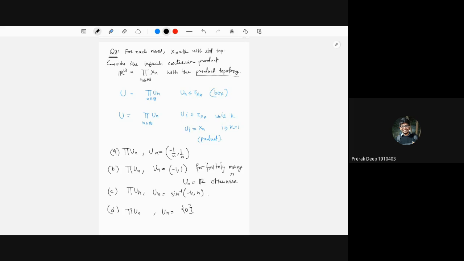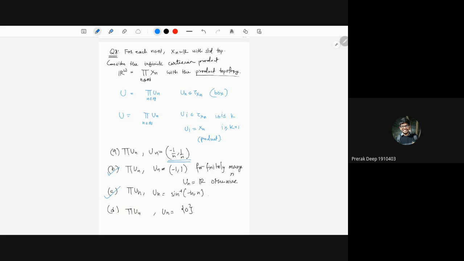Hello. Yes. So the correct answers are option B and option C. Options A and D are not correct. Option A is not correct because each Un is an open interval, but in the product topology, we want all except finitely many open sets to be the whole space.